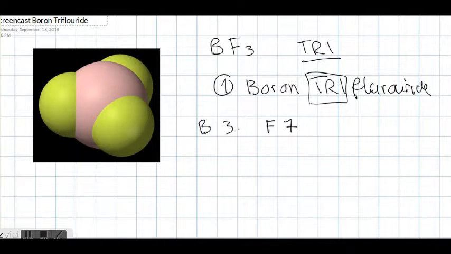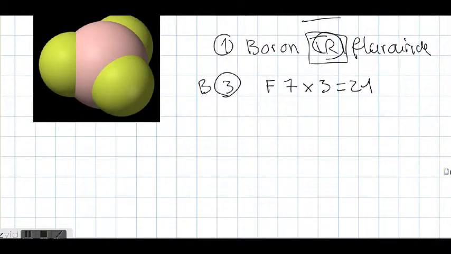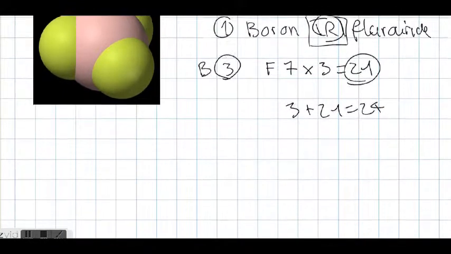So for boron, there's only one, so we can keep 3, this is good. And fluorine has 3, with the tri-fluorines. So we have to multiply the 7 by 3, which equals 21. And now we simply add 3 and 21 together. So 3 plus 21 equals 24 valence electrons.